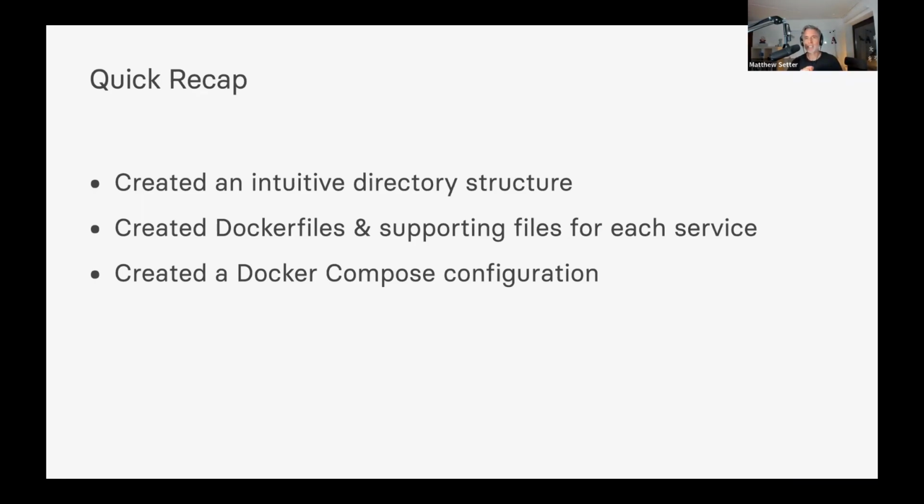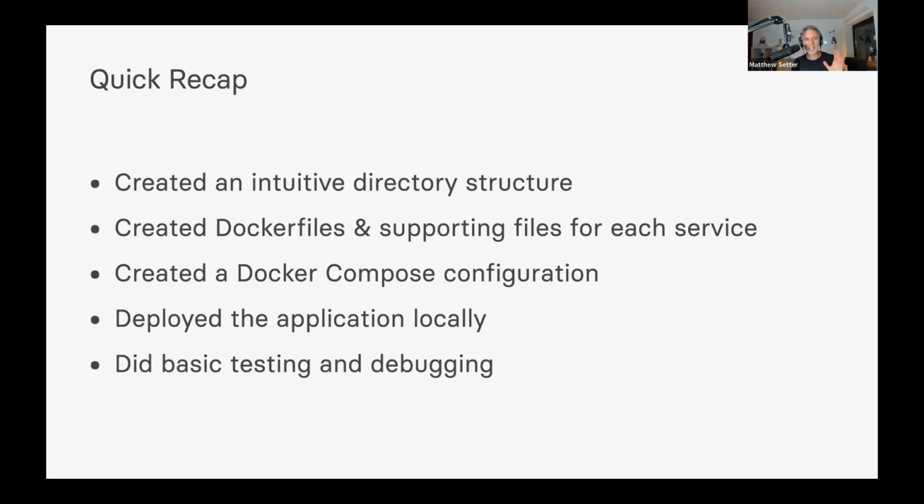We set environment variables, configured the services to auto start if they crashed, and made a database service available to local database tools. Then we learned how to start or deploy the application locally using one command, and we learned how to do some, albeit basic, status checking and debugging should something go wrong.